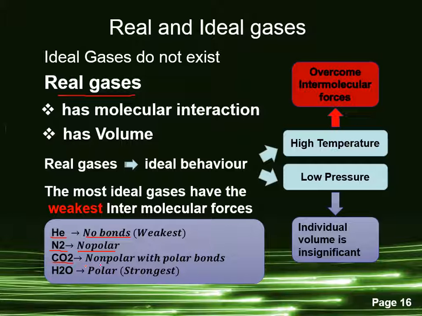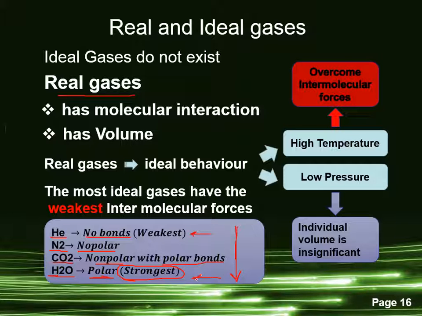CO2 is nonpolar, but it has polar bonds, and the least ideal would be water vapor because it is polar, it has hydrogen bonds and strong intermolecular forces. In this example, as you can see, ideal gas condition becomes less from top to bottom. The weakest intermolecular forces, the most ideal gases.